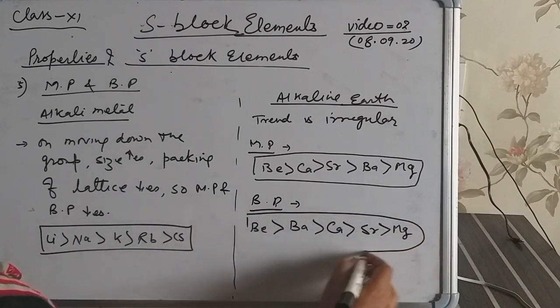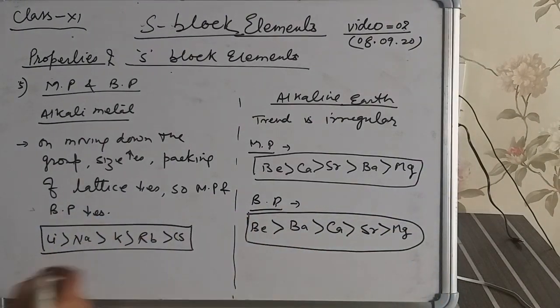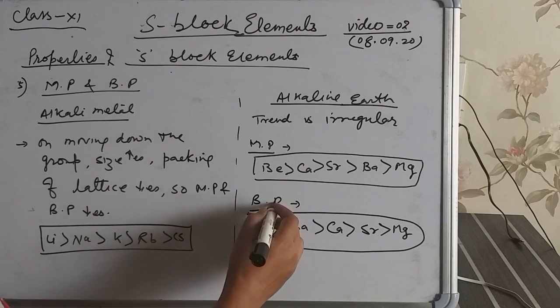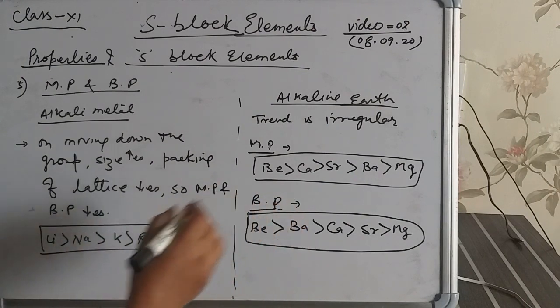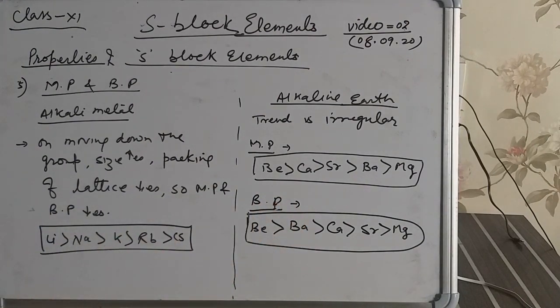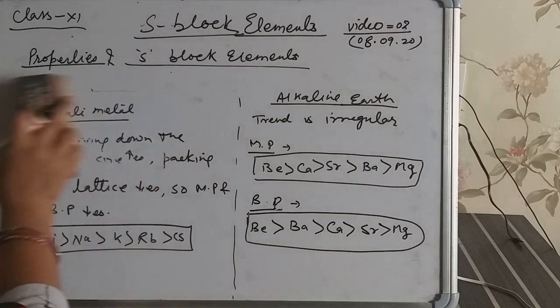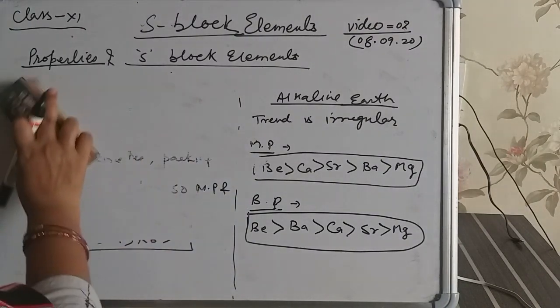This is due to their structure. As we discuss the crystal structure, their melting and boiling points are irregular, not regular like the alkali metal group. Let's talk about the flame coloration.